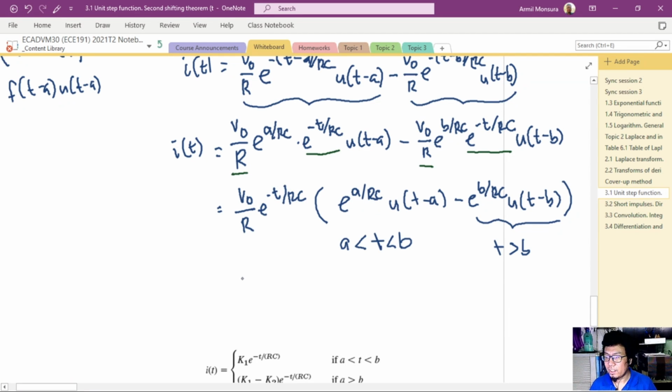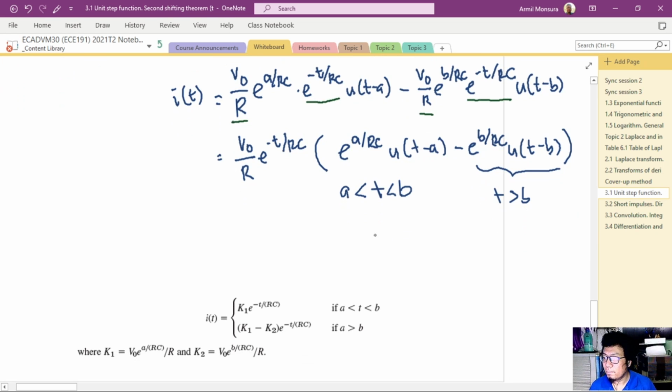So that is why for t between a and b, the only term that your current will have is essentially v0 over r times e raised to a over rc times e raised to negative t over rc.